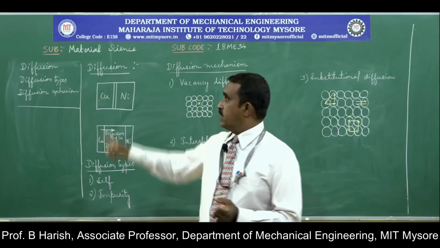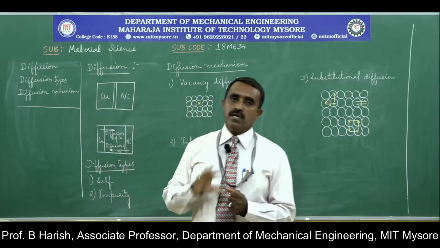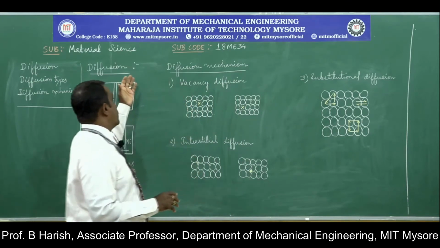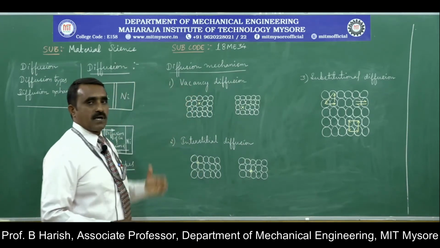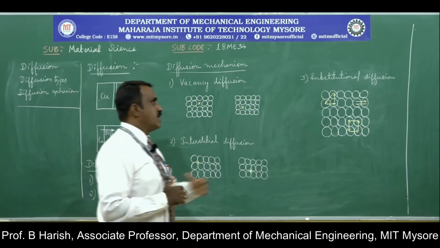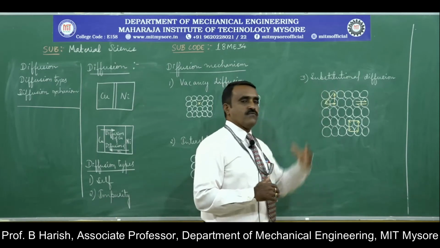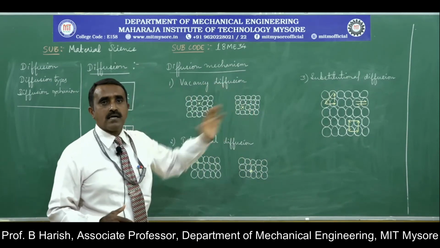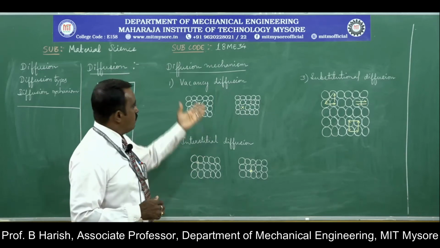The different types of diffusion mechanisms are: first, the vacancy diffusion mechanism; second, the interstitial diffusion mechanism; and third, the substitutional diffusion mechanism. All these things we have already discussed in the case of imperfection.